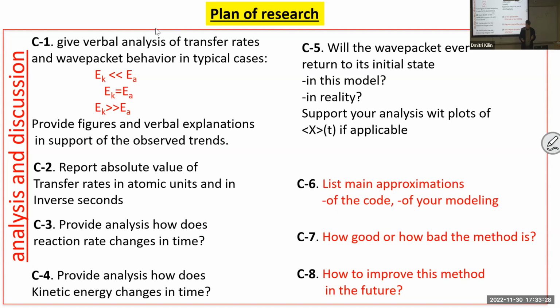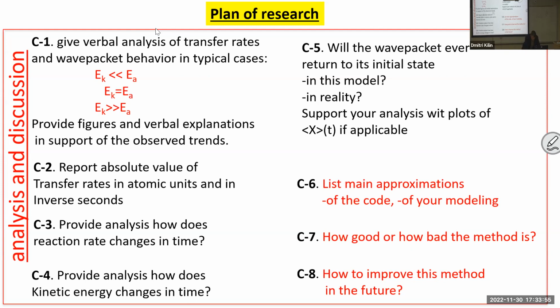Plot the expectation value of position, because if the reaction goes from left to right, the expectation value of position will also go from left to right. Or in two dimensions, it will follow more complicated trajectories. If you don't believe it, talk to Patricia. She has the expectation value of position going on advanced trajectories.